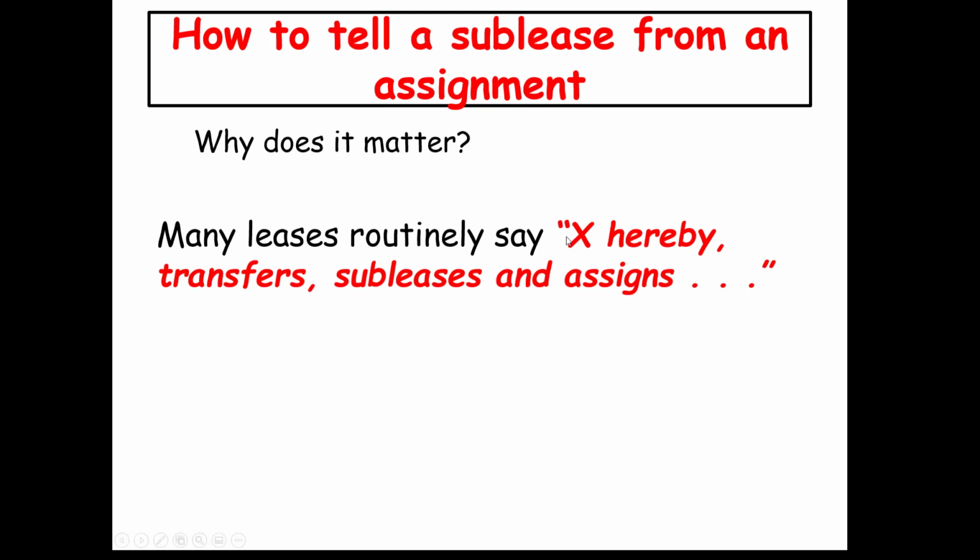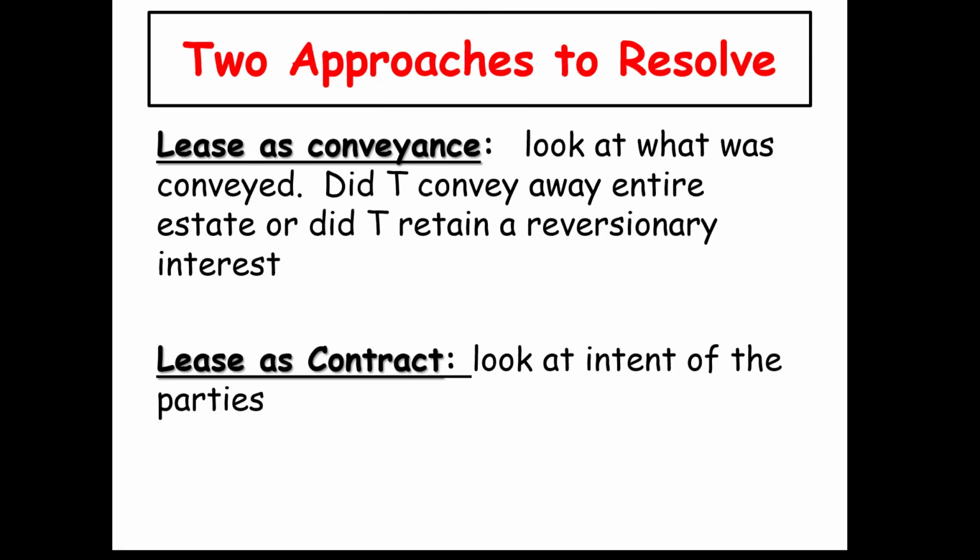When a tenant who is looking to transfer all or part of their leasehold uses the phrase, hereby transfers, subleases, and assigns, we have to figure out which one it is. What have they done in this transfer? Have they subleased or have they assigned? And there are two basic ways to resolve this question: a property way and a contract way.